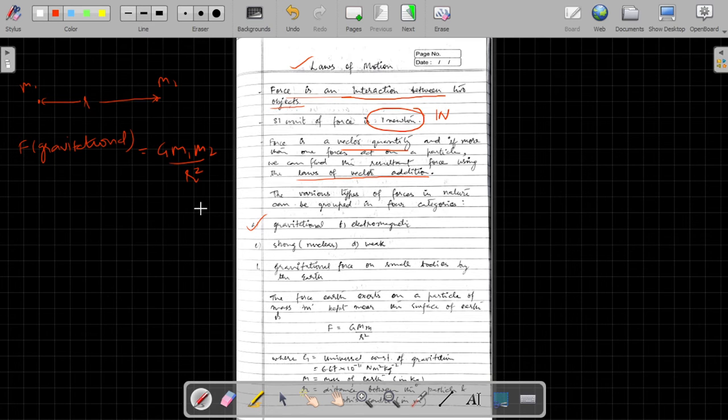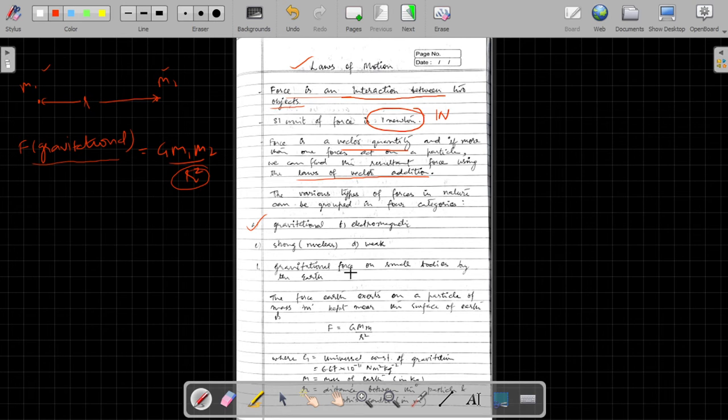This law is also commonly referred to as the inverse square law, as the gravitational force is inversely proportional to the square of the distance between these two masses.